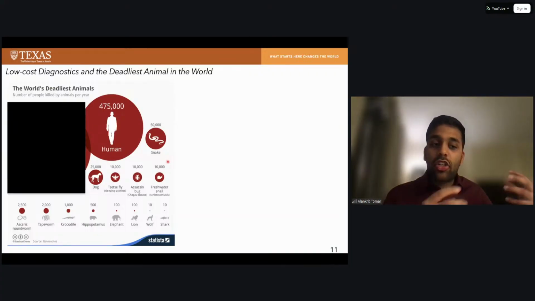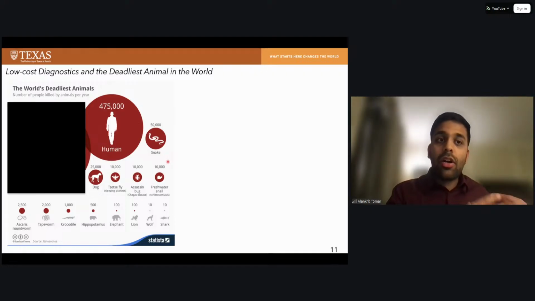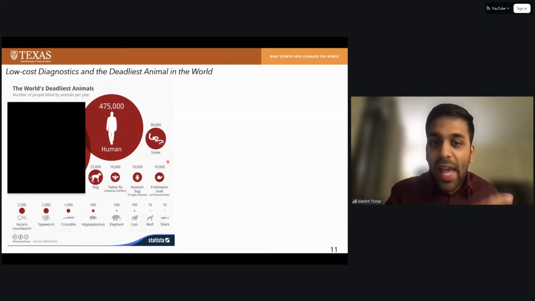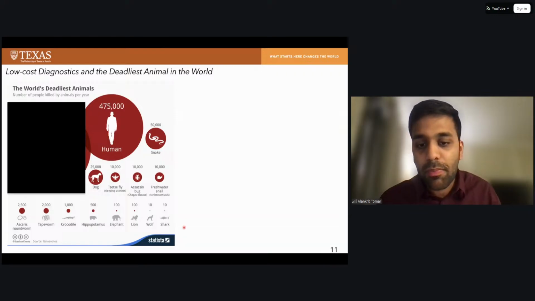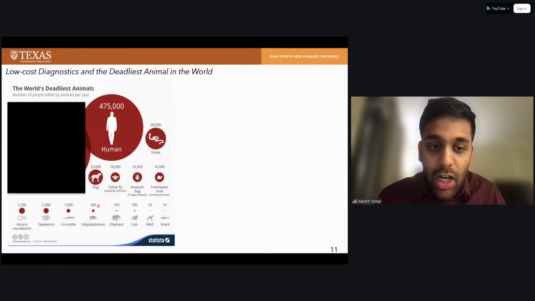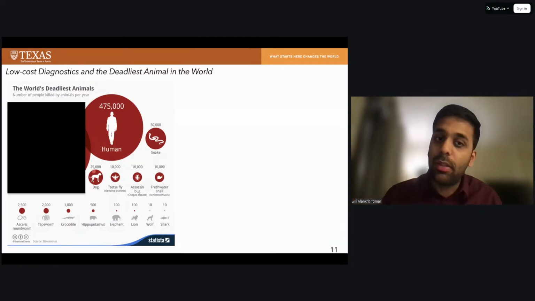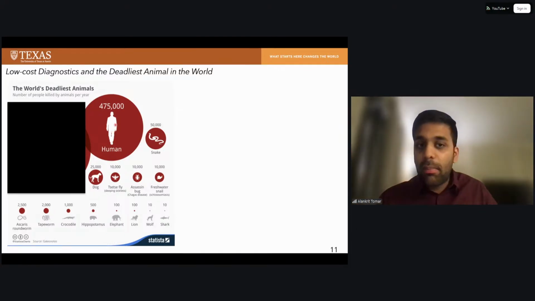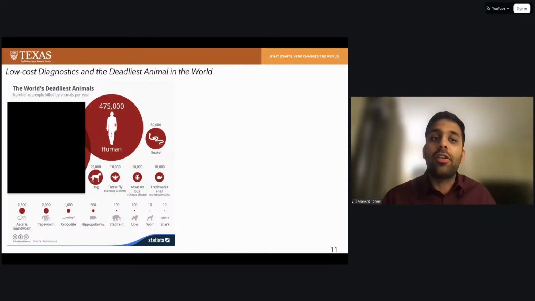So here is a graph that shows the number of people killed by animals per year. Sharks kill about 10 people every year. Dogs kill about 25,000 people every year. Humans kill about 475,000 every year.